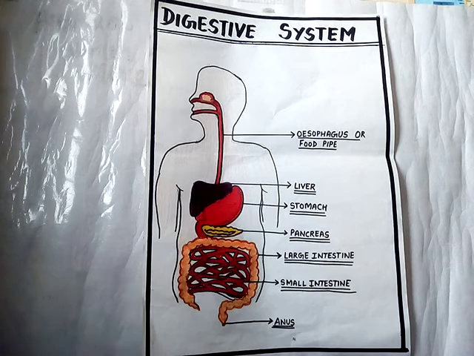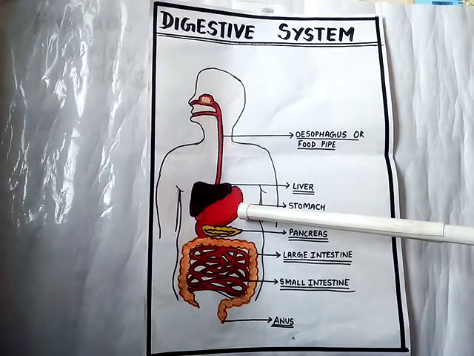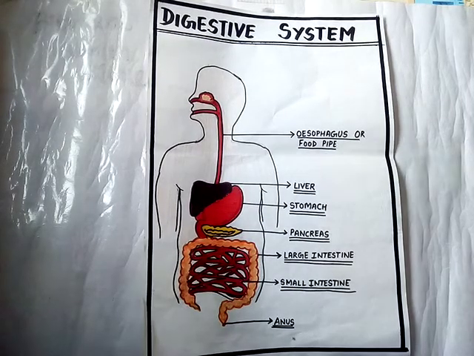Second is pepsin. Pepsin is an enzyme which converts proteins into proteoses and peptones. Third is mucus. It protects the inner lining of the stomach from the hydrochloric acid. So, the digestion of the proteins starts in the stomach. It is very important.